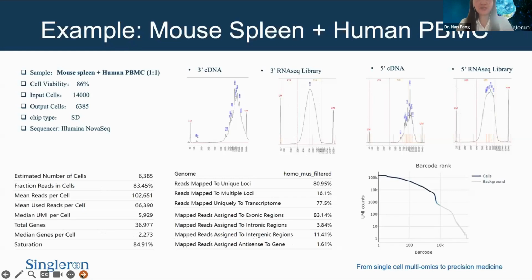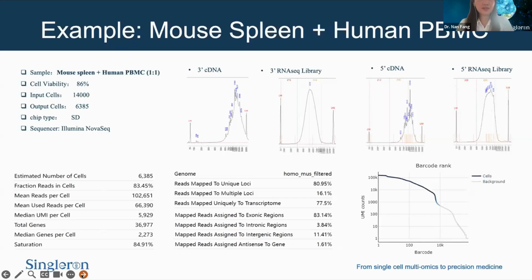We recommend to sequence at a depth of about 100,000 reads per cell to generate enough fragments so that we can do an accurate and comprehensive assembly to get the full-length information.